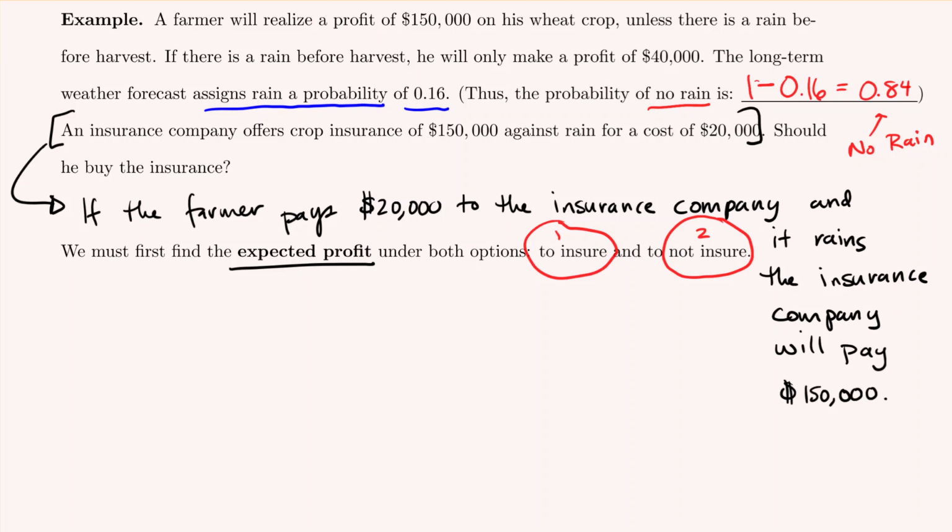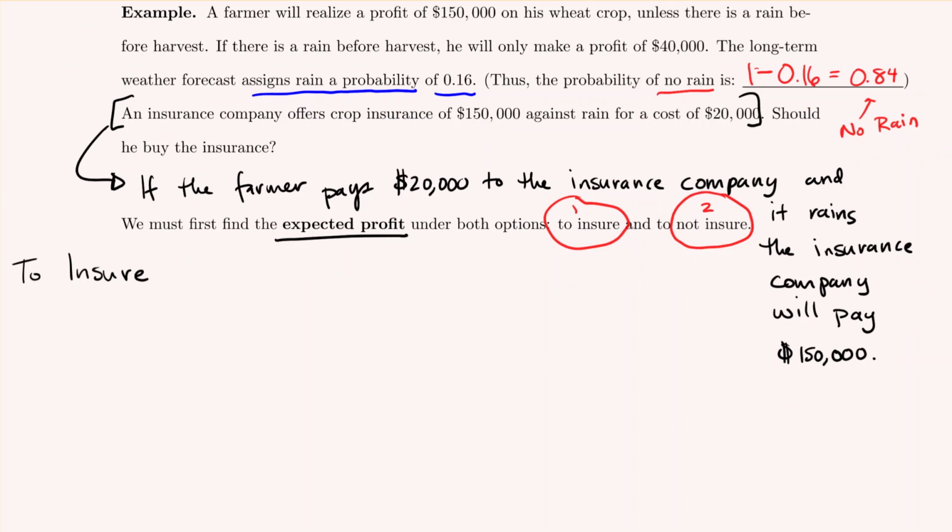And we know in order to find expected values, we need to have our probability distribution table, which says if this occurs, this is the probability. If this occurs, this is the probability. So let's write out our work in an orderly fashion. Let's first begin with what are the expected profits if we insure under the idea of if it rains or if it does not rain. Now we know from above that the likelihood of rain is 0.16.